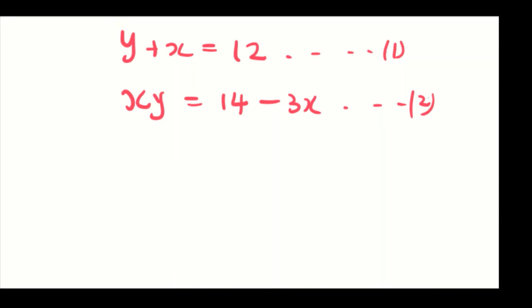So let's choose one equation so that we can use as equation 3. Let's choose this one because it looks simpler. We can simply say y is equals to 12 minus x, and it's equation 3.